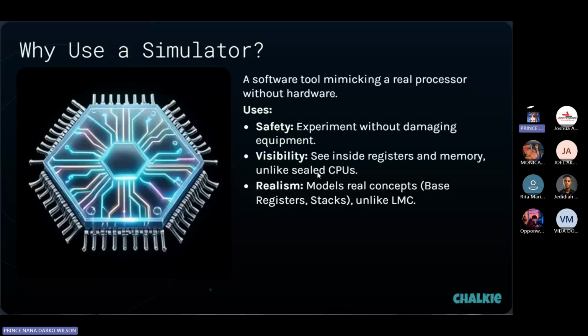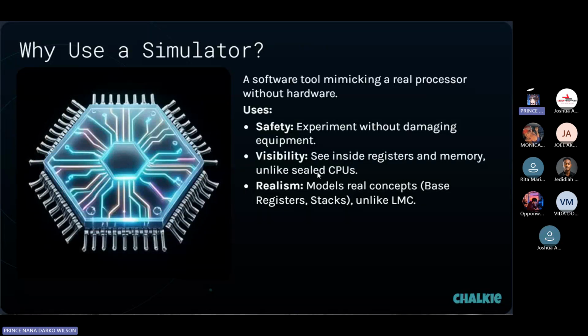This means we will be able to fool around with the CPU and experiment, because in the process we'll be making some mistakes, but without the risk of actually damaging the real CPU. Also, visibility: it helps us see things that are inside the CPU that we normally shouldn't see, like inside registers and memory, unlike sealed CPUs.